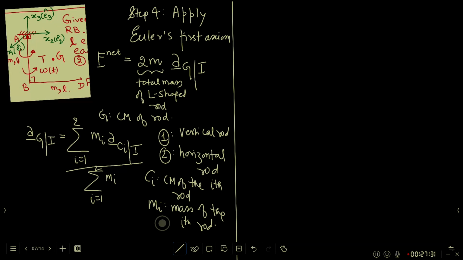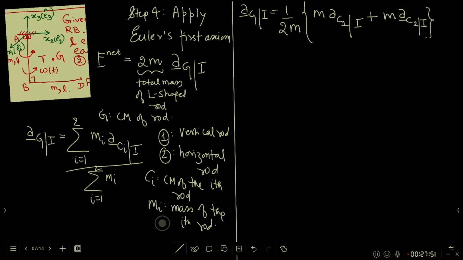So I can write AGI as 1 by 2m times m a c 1 I plus m a c 2 I. But AC1I is always 0, since it lies on the vertical rod.